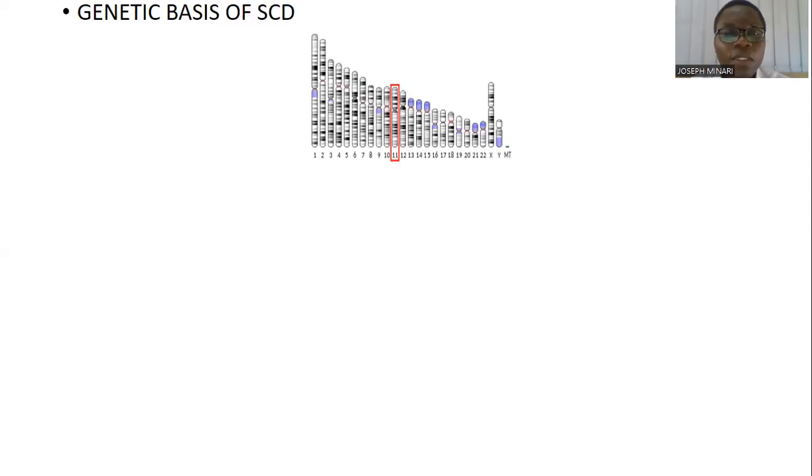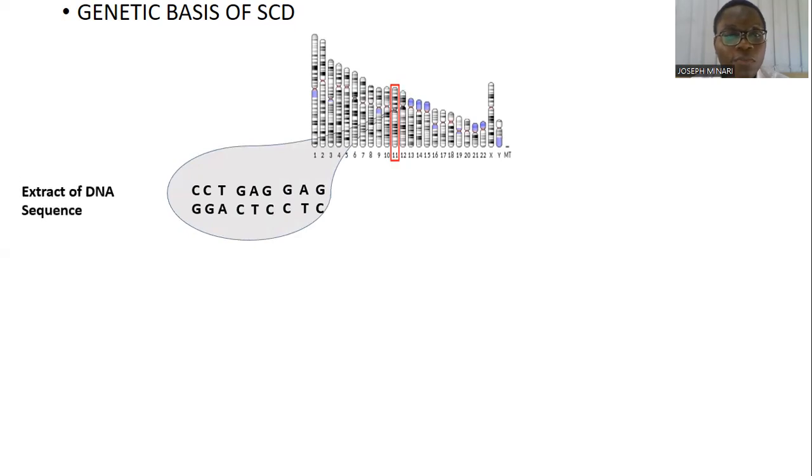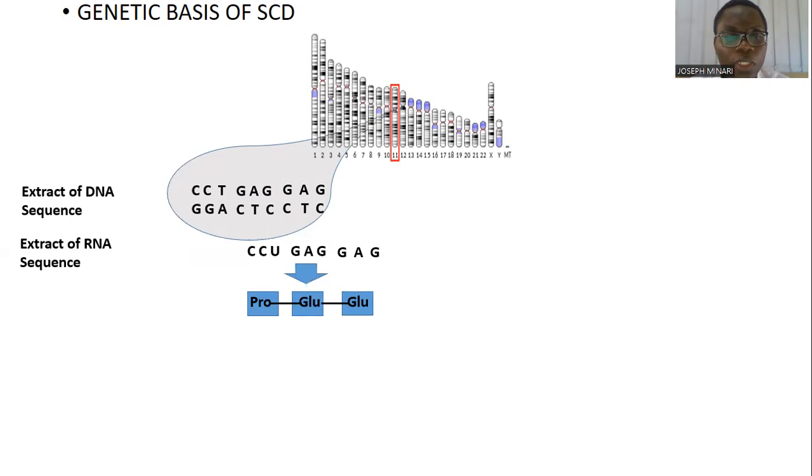Now, let's look at the basic genetics of sickle cell disease. From chromosome 11, where we have the globin gene, we have an extract of the DNA sequence. From there, we have the corresponding RNA sequence, which leads to production of some amino acids.